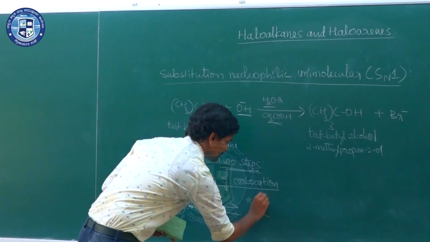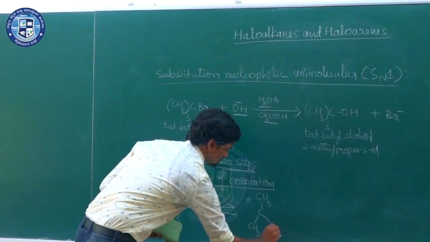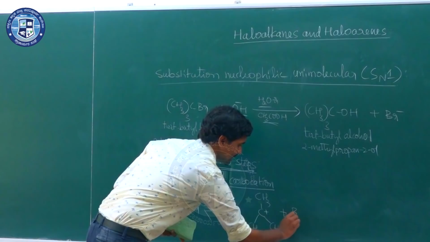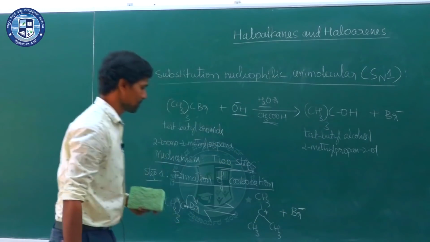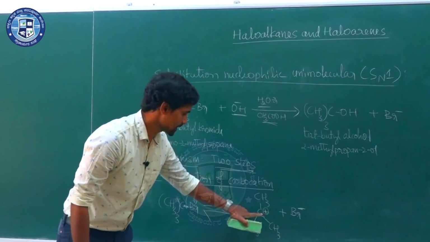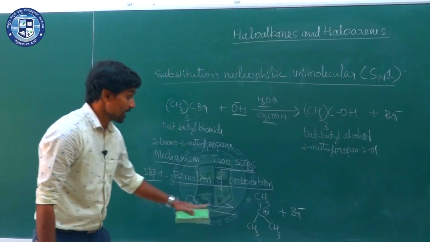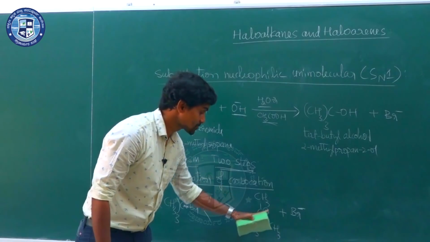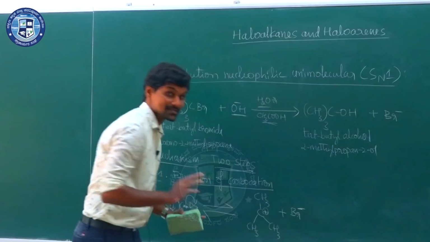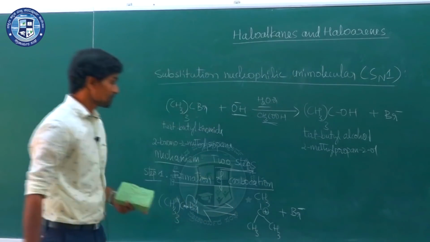Because of that, you get a positive charge plus Br minus. See here, this positive charge is for the carbon, because carbon lost electrons, and this positive charge shows that we are getting these two species. Both the plus signs are important and you have to write them. That is the first step.